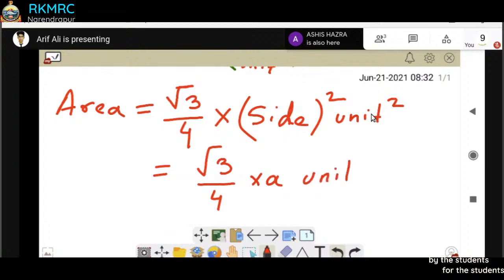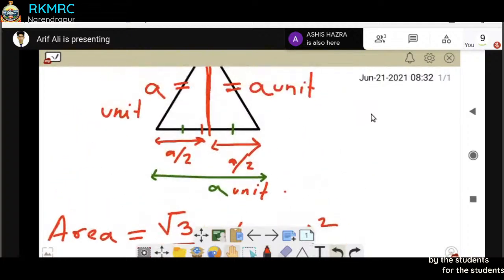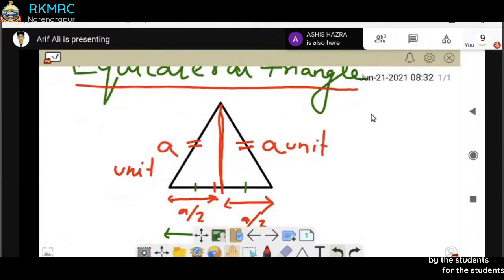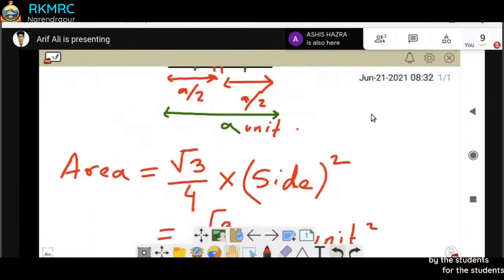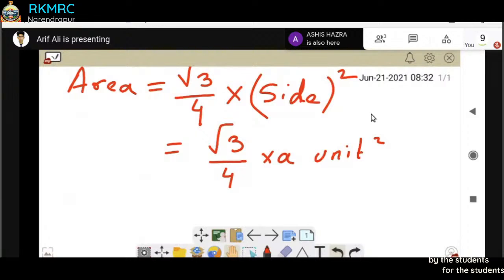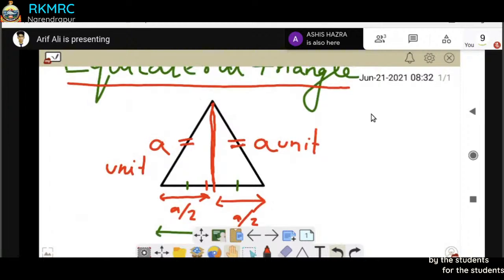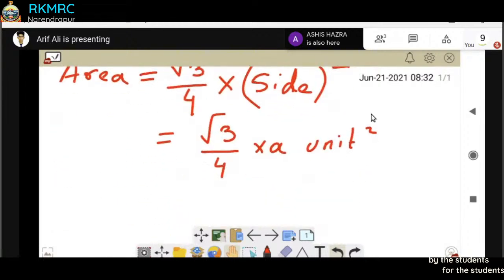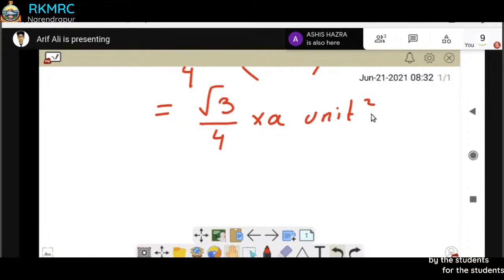So your answer will be in unit square. Since we know the side of this equilateral triangle, we can easily say area: root under 3 by 4 into side square. We know this side was A, so root under 3 by 4 into A unit square.